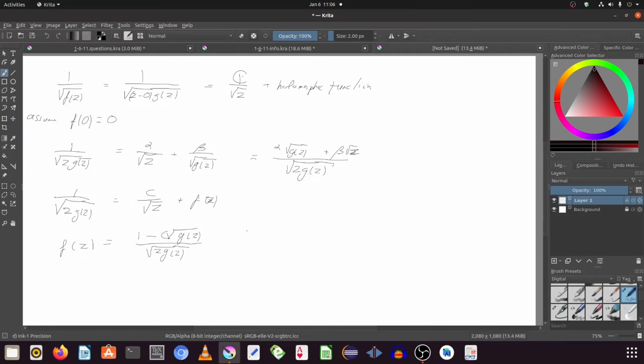Now, if we insert naught in z, if that vanishes, then f will not have, I can't call it pole, a singularity at the center. So that's my claim.